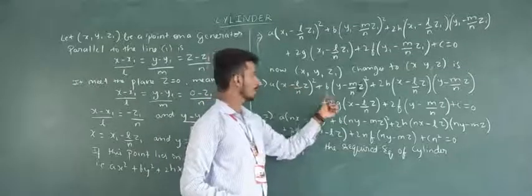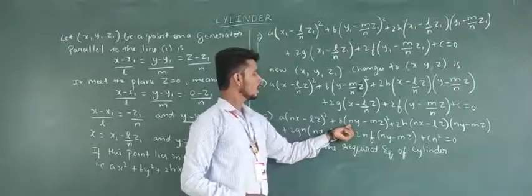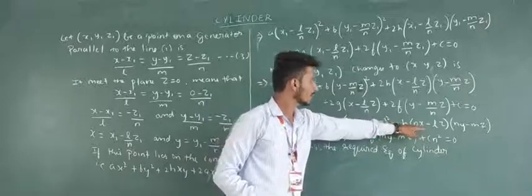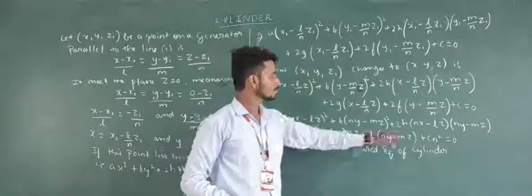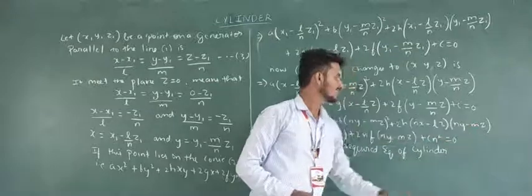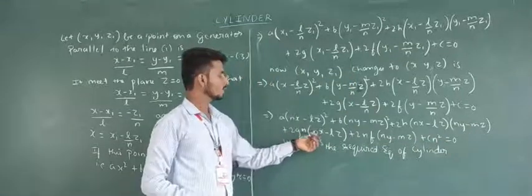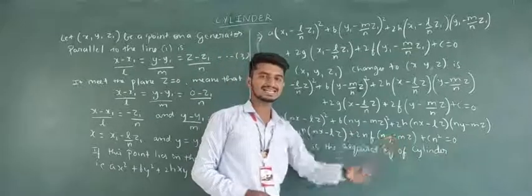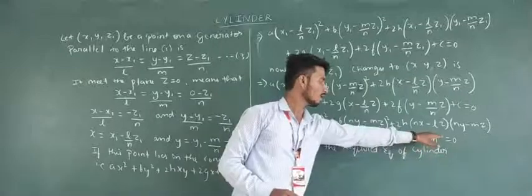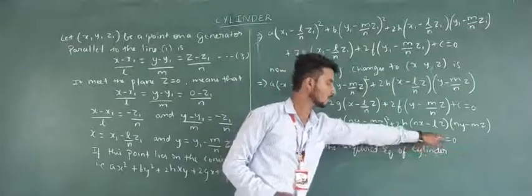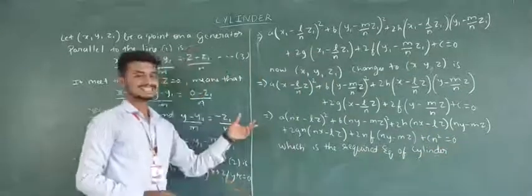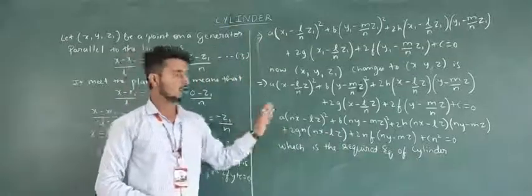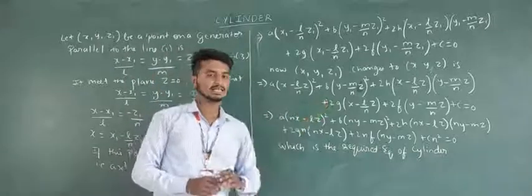Next we multiply b, so that is b into (ny minus mz) whole square plus similarly 2h into (nx minus lz) into (ny minus mz) plus 2gn into (nx minus lz) plus 2nf into (ny minus mz) plus cn square equal to 0. So this is the required equation of a cylinder. So we have got the equation of a cylinder here.